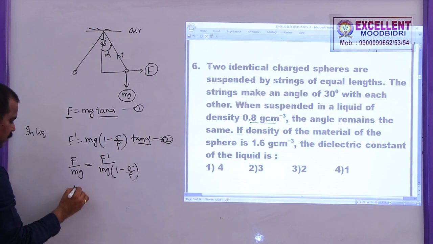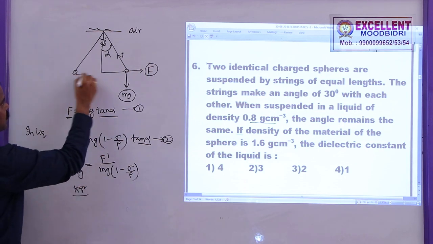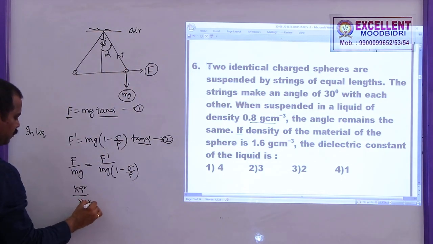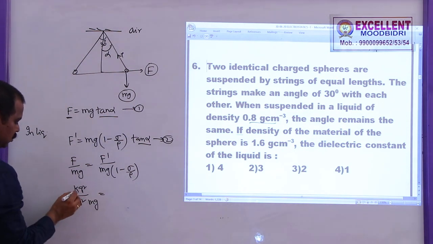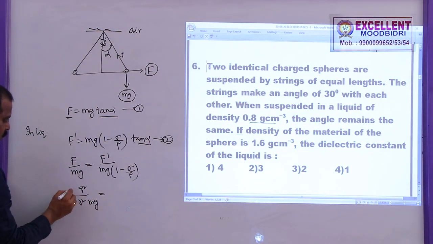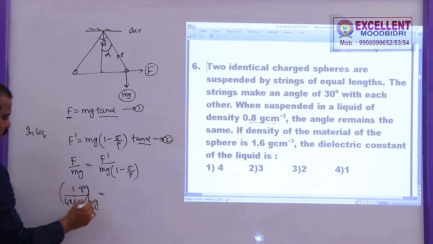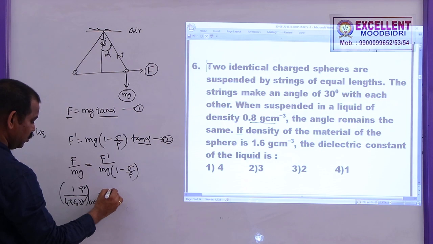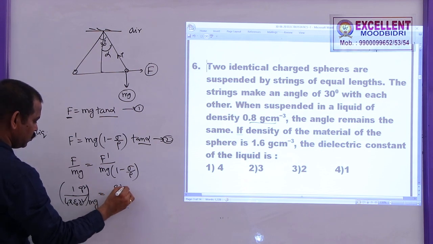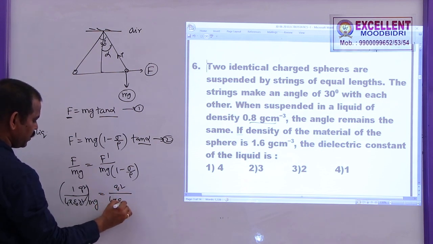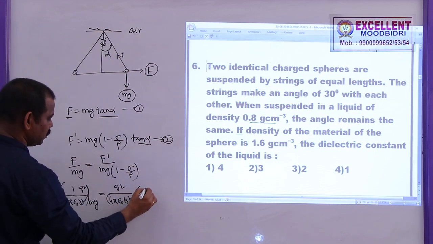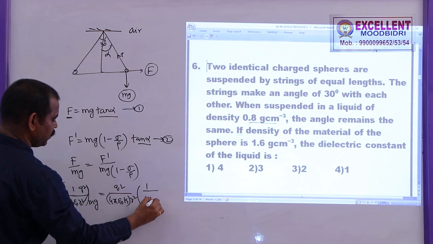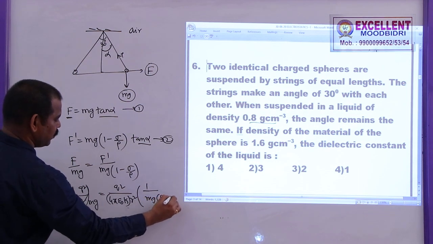So what is F? K q square by r square by mg, let me take 1 by 4 pi epsilon naught q square by r square by mg, is equal to F dash, which is q square by 4 pi epsilon naught k r square, where k is the dielectric constant, and this will be 1 by mg into rho minus sigma by rho.